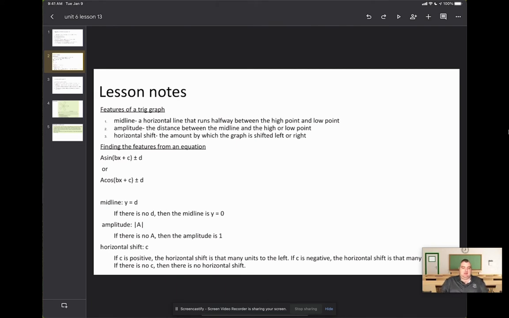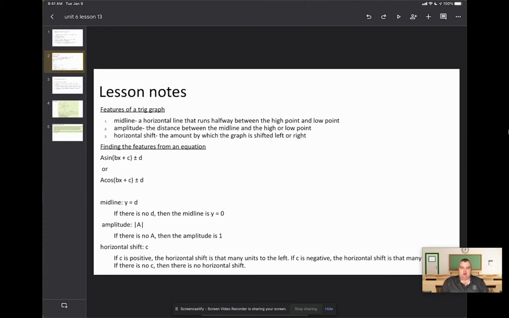The amplitude is the distance between the midline and the high point, or the midline and the low point. Basically, you count the amount of space between the midline and either the high or low point, and that is what we call the amplitude.